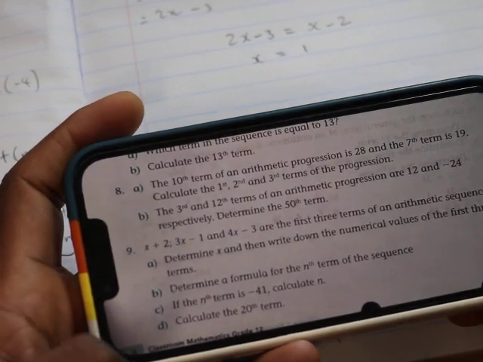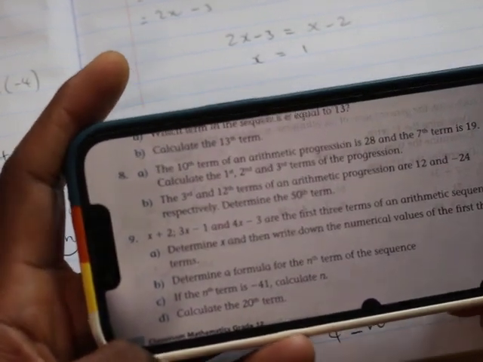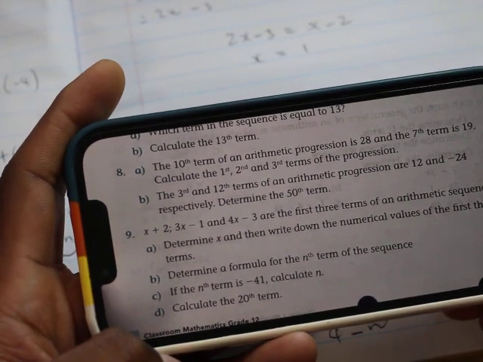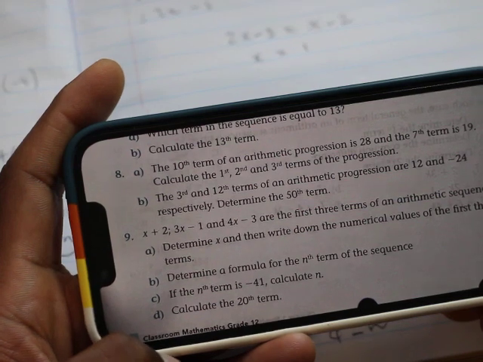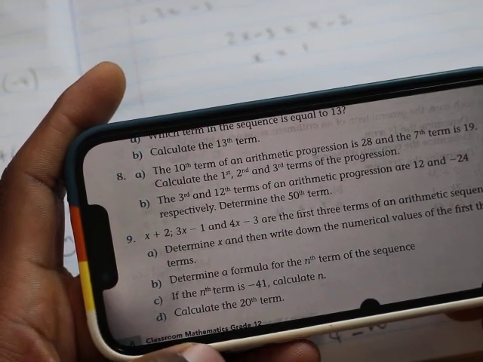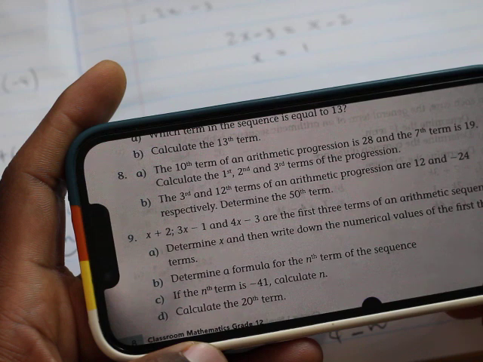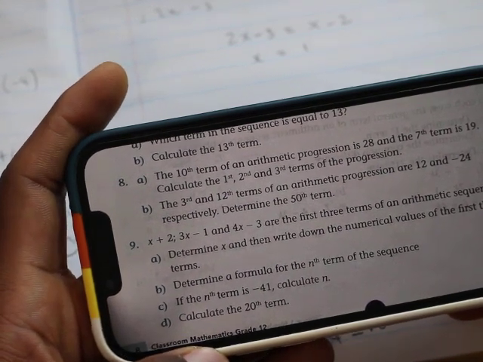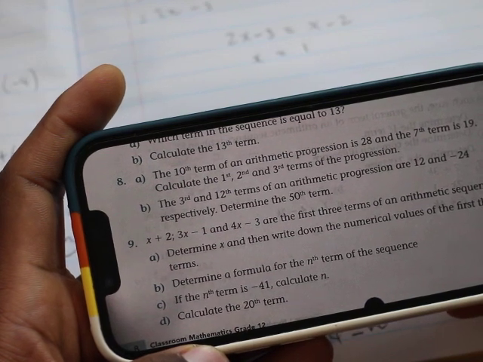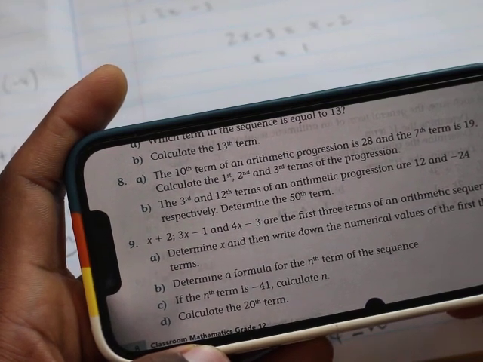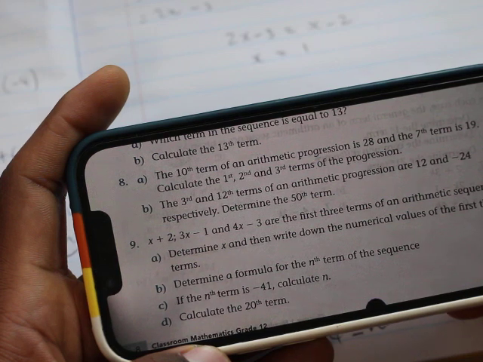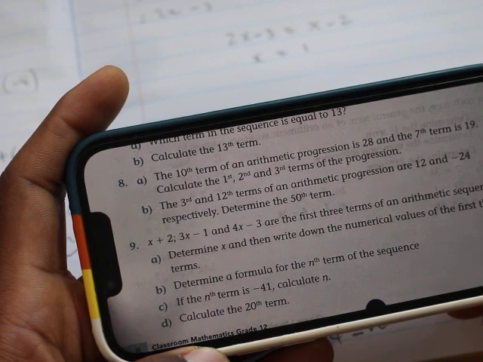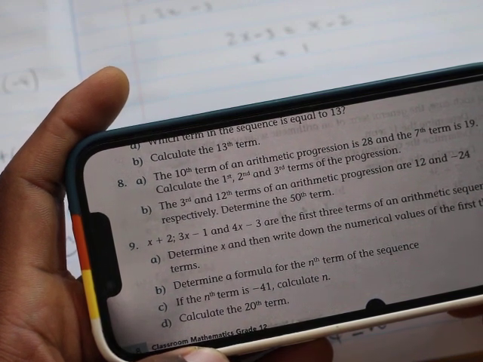Yes. So now, C says if the nth term is negative 41, calculate the n. So basically what they're asking you is, negative 41 is term number 50, 60, 70, what position is negative 41?